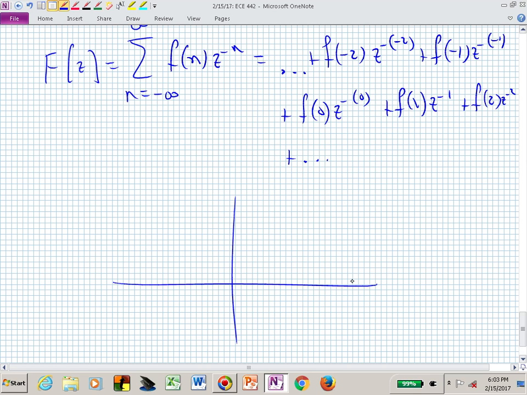And with our region of convergence, and we were told this, that it was beyond 3/4.